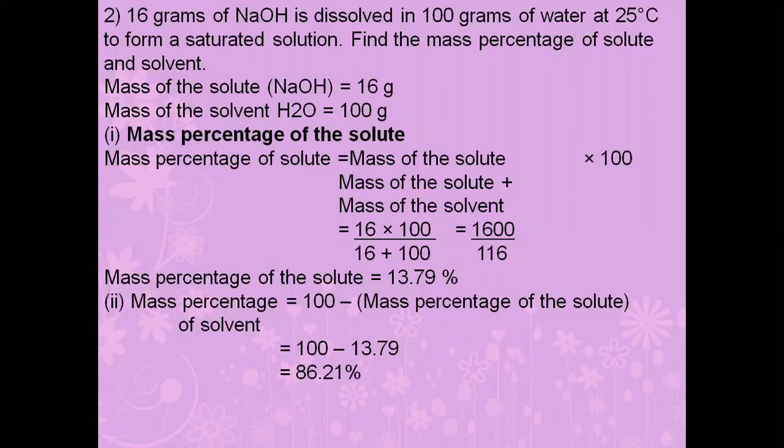The solute value is 16 gram and the solvent mass is 100 gram. So directly we substitute in the formula. So 16 divided by 16 plus 100 into 100. So 1600 divided by what is this?